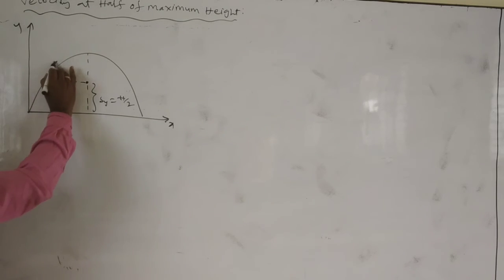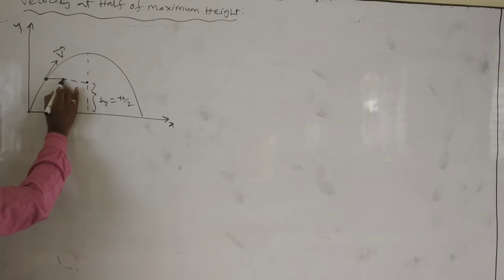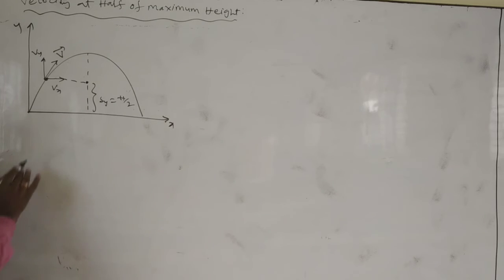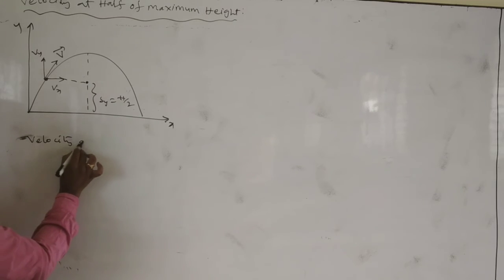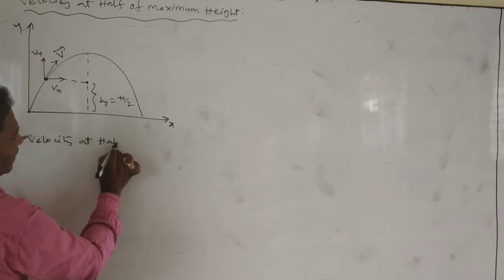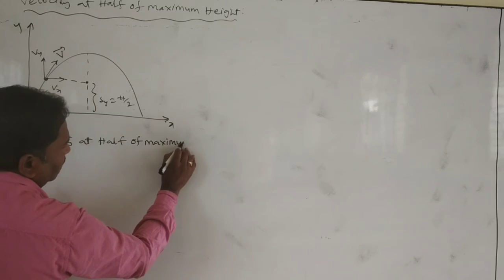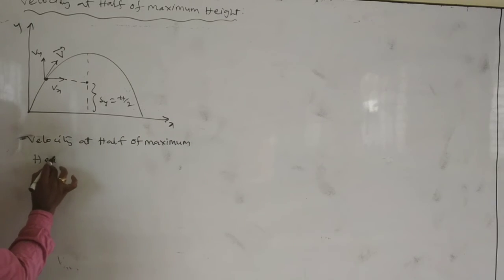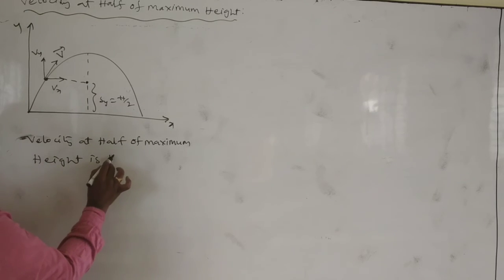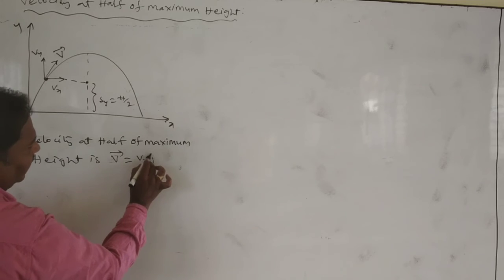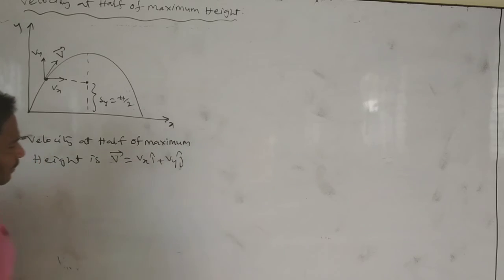At this point we are going to find the velocity v bar. It's vx and vertical vy. So the velocity at half of maximum height is v bar equal to vx i cap plus vy j cap.